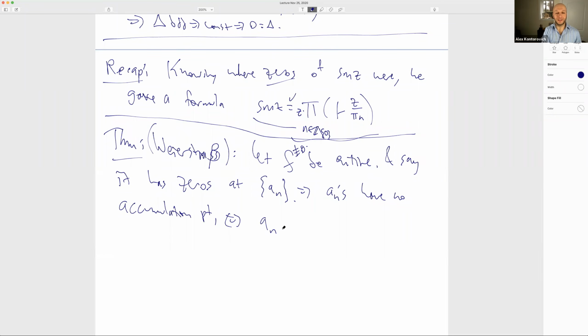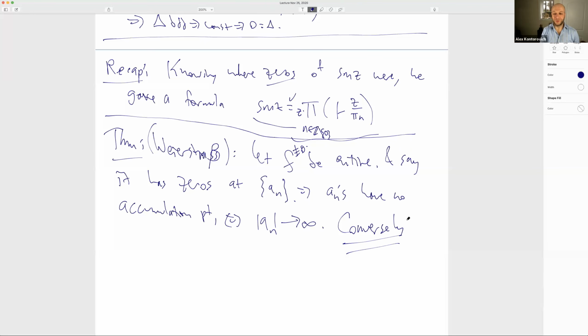Equivalently, the absolute values of the a_n go to infinity. There can only be finitely many in any compact region. That's not Weierstrass; we already know that. The theorem is the converse.